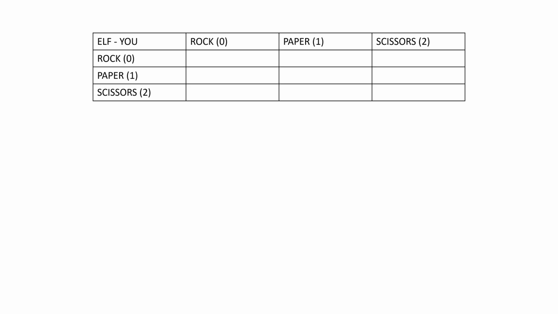We do this in a matrix, and we put the elf's moves on the columns and your moves on the rows. And also notice that each one has a value of 0, 1, or 2, which corresponds to its index in the lists. And then we can determine if this is a win, loss, or draw by subtracting your move from the elf's move. And that'll look something like this.